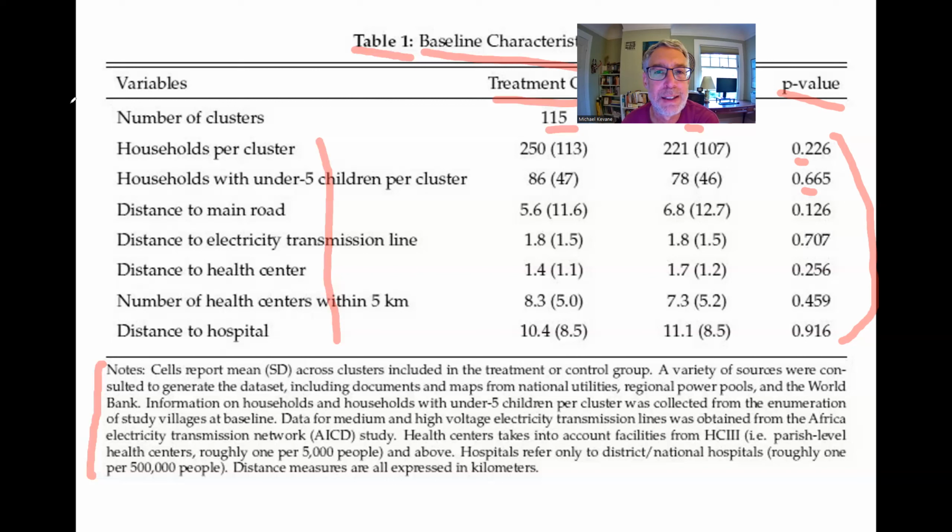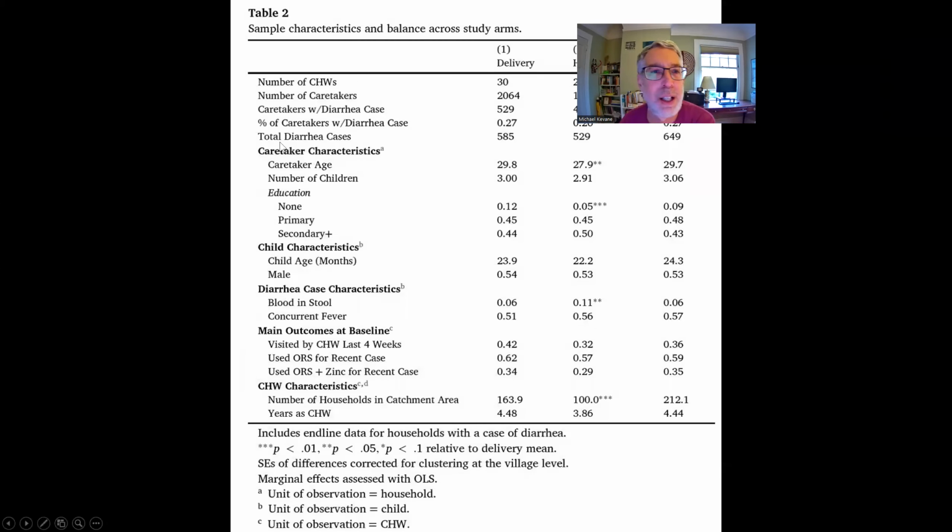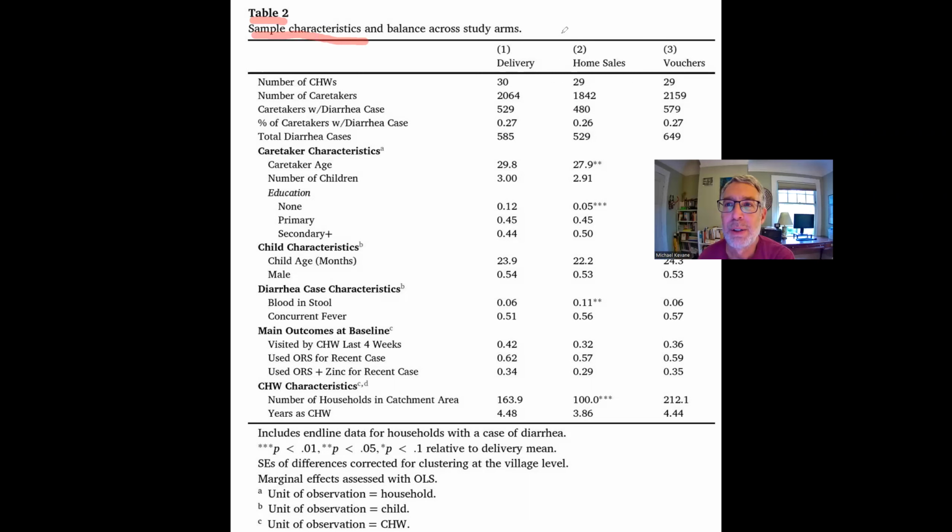And let me clear. Here's another very similar table. Here the person has put the table number above the title, sample characteristics and balance across study arms. We have, in this case, three study arms, three treatments that the experiment conducted.